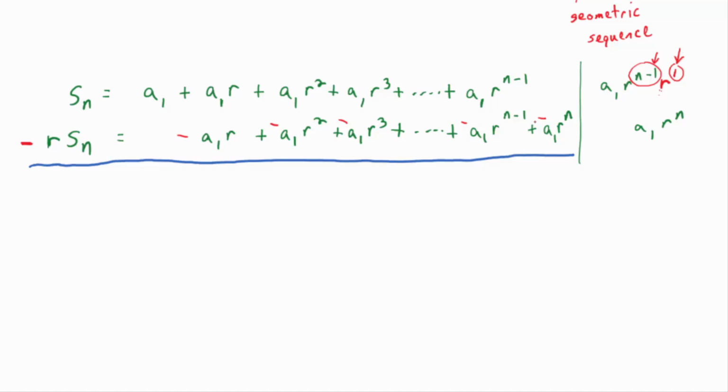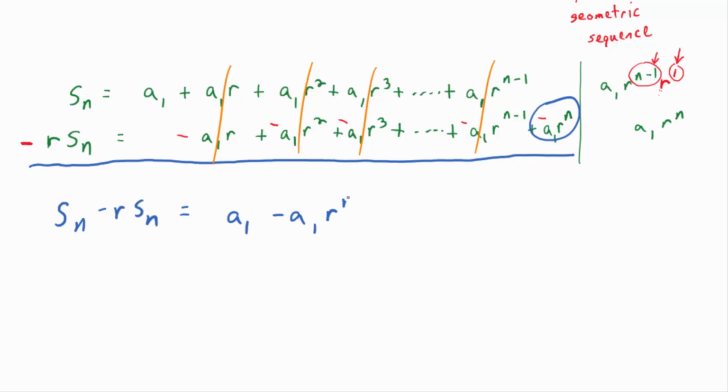Now you can see then when I add, I end up canceling every single term in between the a1 and the minus a1 times r to the n. Everybody see that? Okay, so on the left side, I'm left with Sn minus r times Sn. On the right side, I'm left with a1 minus a1 times r to the n.